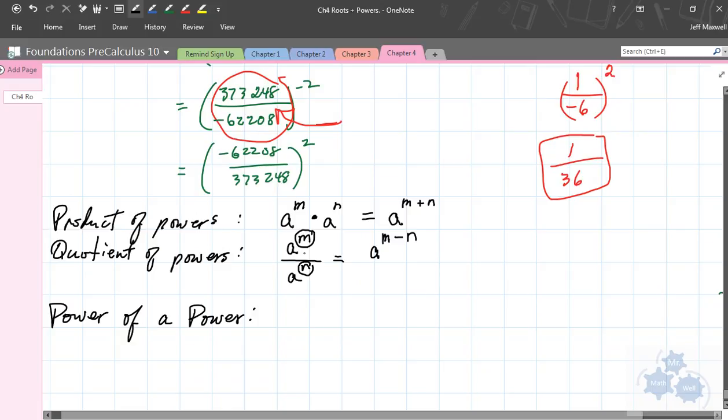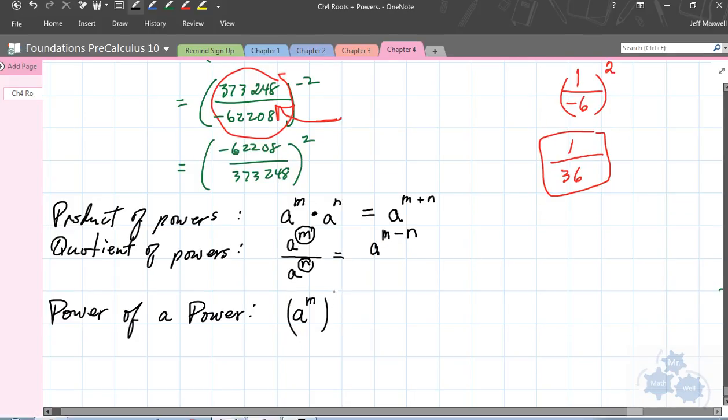The third one is power of a power. So if you have a power like a to the m, and you take it to another exponent, an exponent raised to another exponent, a power of a power, then the rule is, who remembers that? Add, subtract, multiply, divide?